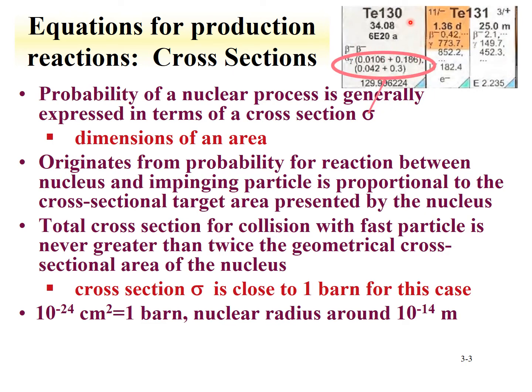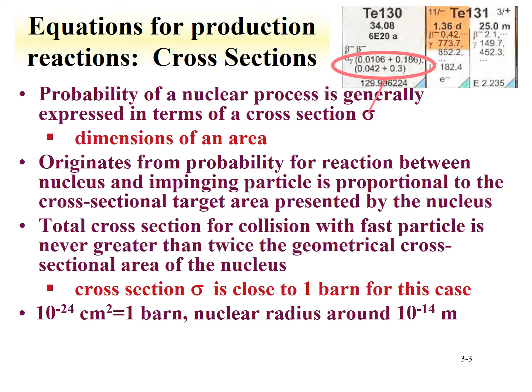For example, for tellurium-130, there are cross-sections that go from the thermal neutron, resonance neutron, to the metastable state, and then thermal resonance to the ground state. These values are described within the chart of the nuclides.